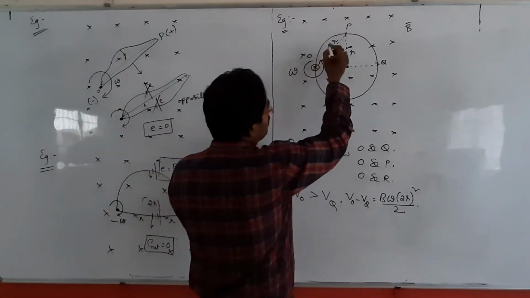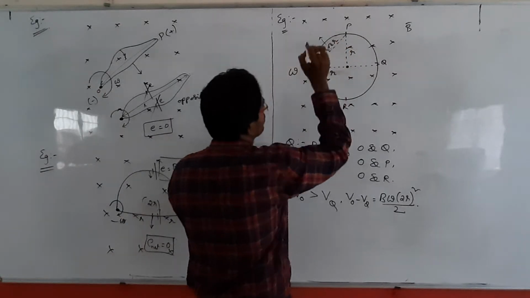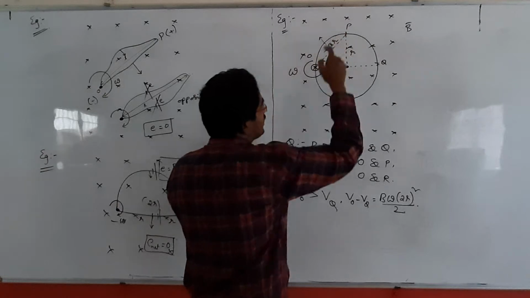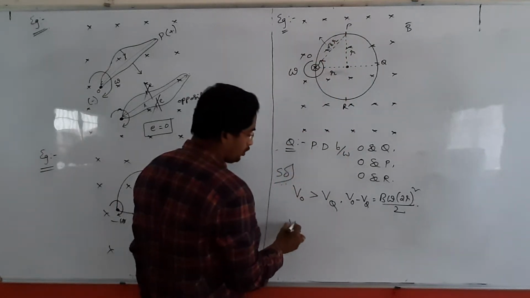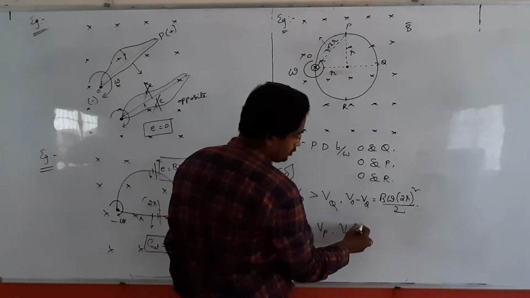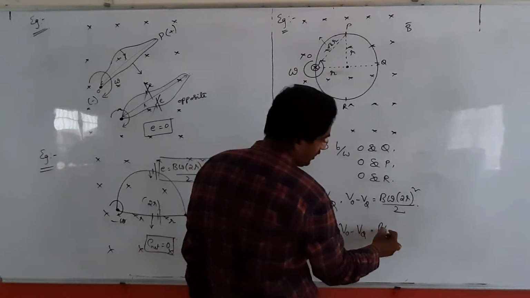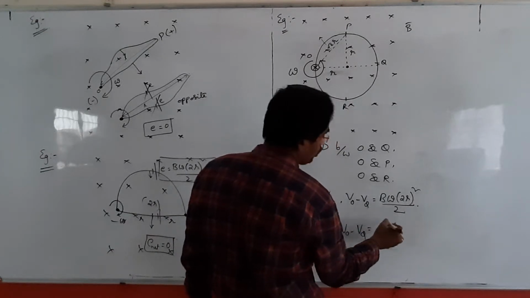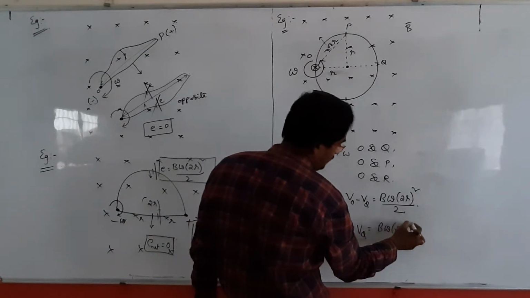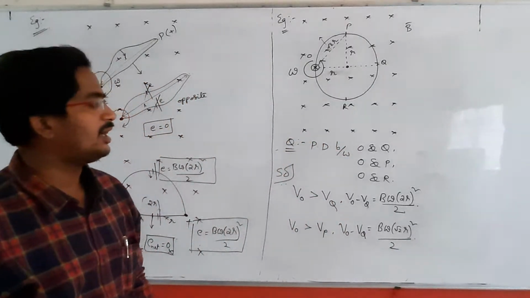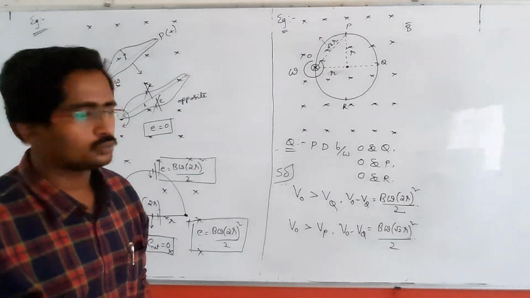This rod is moving this way. Then O is at high potential, P is at low potential. By that, VO is greater than VP. By what value? That is B omega (root 2 r) whole square by 2.